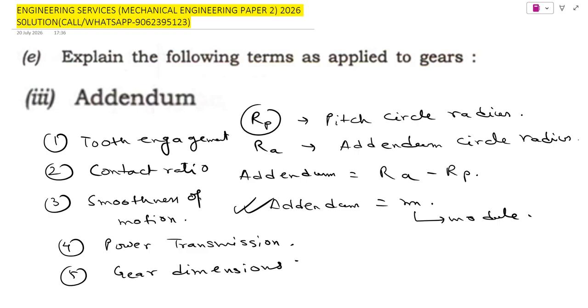Without a proper addendum, the gear teeth will not mesh correctly, leading to poor transmission and increased wear.